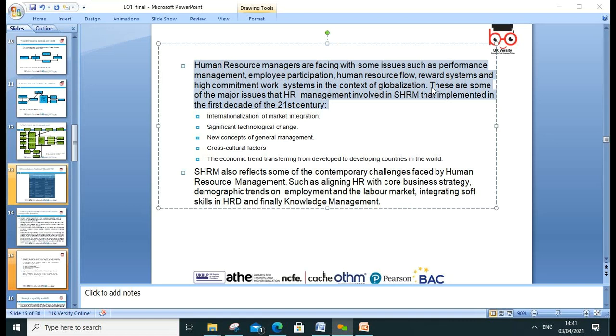We need to look at the technological chain, the concept of general management, and cross-cultural factors. We need to really understand the culture, individualism, and the cultural factors under HR as well. Human resource contemporary policy is a lot. Think about HR policies in the UK.